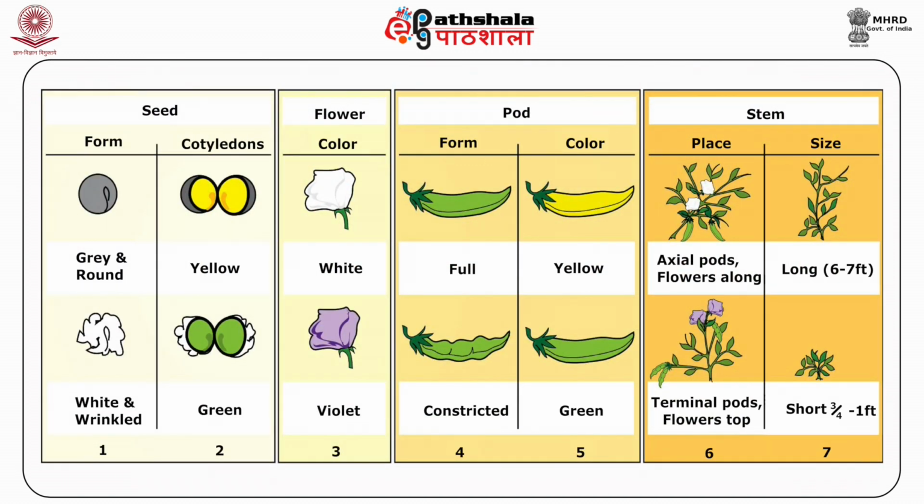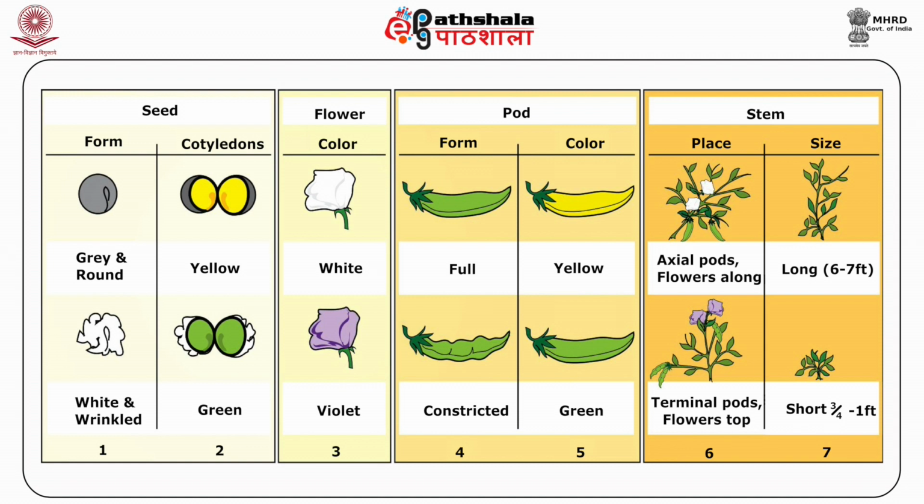The various antagonistic traits of the pea plant which Mendel used for his research are: the round seed shape is dominant, whereas the wrinkled seed shape is recessive. Yellow seed color is dominant, whereas green seed color is recessive. Violet red flower color is dominant, whereas white flower color is recessive.